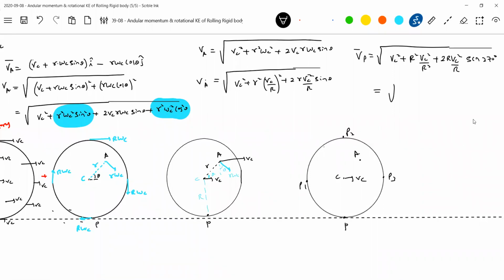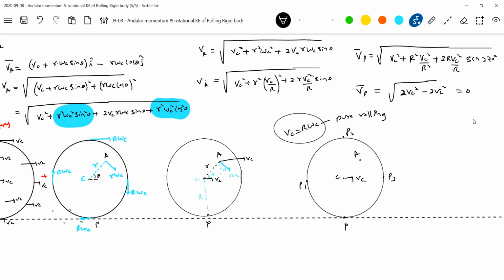So this should be equal to how much? 2Vc square, shall I write directly? So this should be 0, no? So therefore what's happening? There is a point on a rigid body which will be at rest when it comes in contact with the ground, when Vc is equal to r omega, a strict condition. This is called the pure rolling condition. So when a body is in pure rolling, there will be a point on the rigid body whose velocity will be 0. Means at that instant, the velocity of point P will be 0.